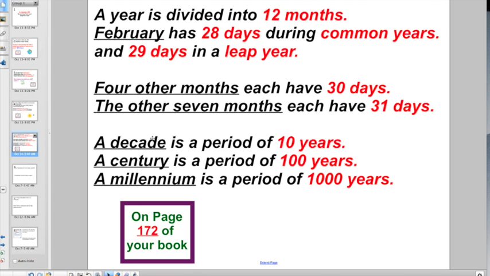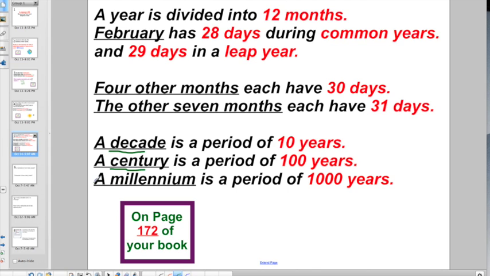A decade is a period of 10 years based on the Latin and Greek prefix deca. Deca means 10. A century is based on 100 years based on the prefix centi. And I always keep track of this because there's 100 cents in a dollar, right?